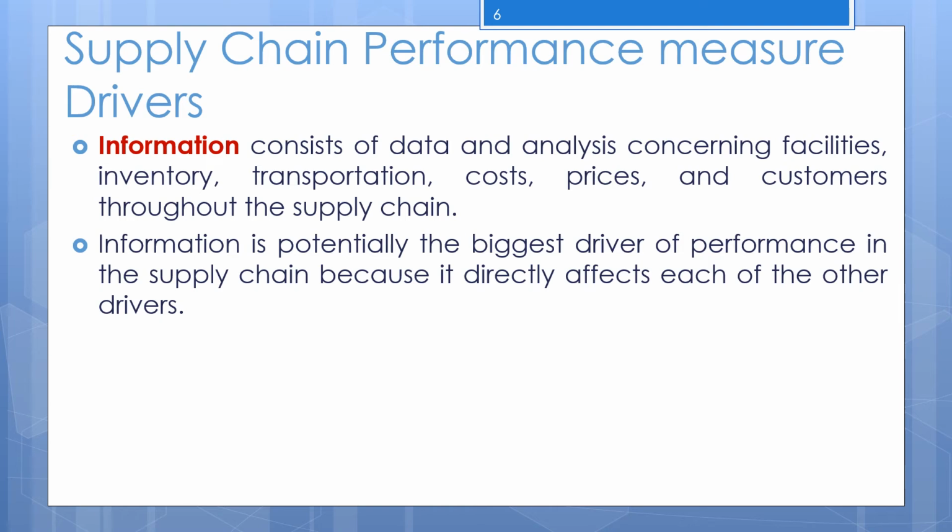Another key decision involves what information is most valuable in reducing cost and improving responsiveness within a given supply chain. This decision will vary depending on the supply chain structure and market segment that are served.